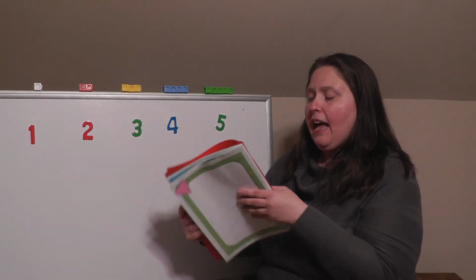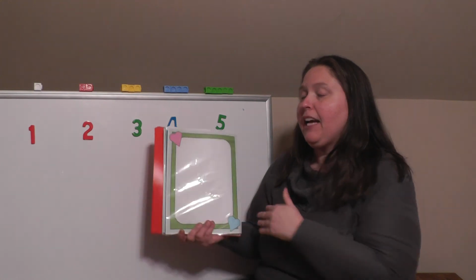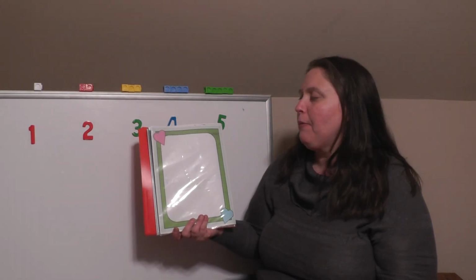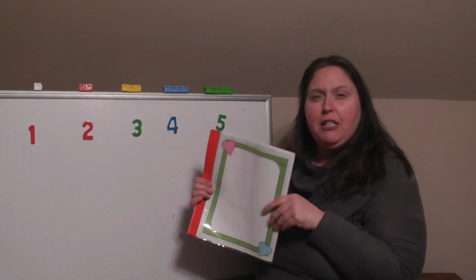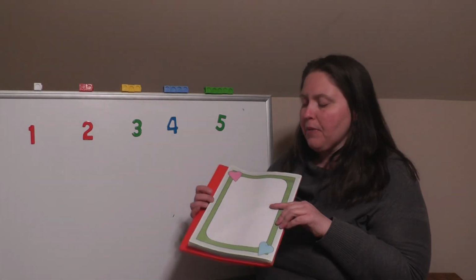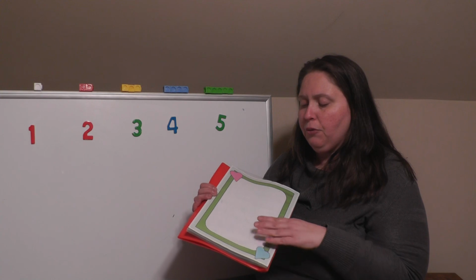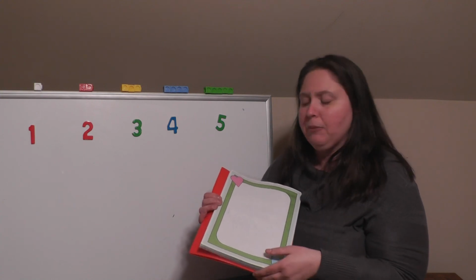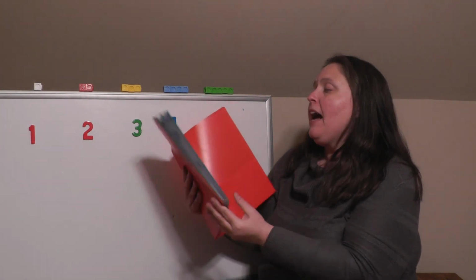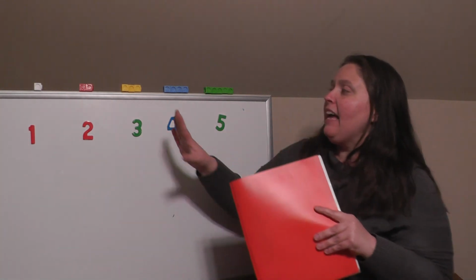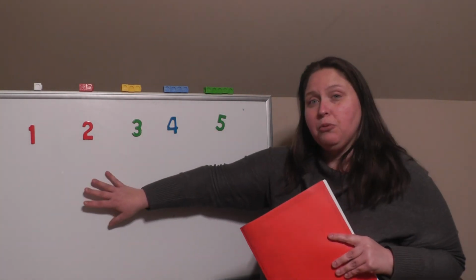And then at the end, I have a free drawing page, which we always end our calendar time with. This gives us space to also maybe do some other things, like following instructions. If you want to give them instructions on how to draw something, they can follow instructions and draw it there.